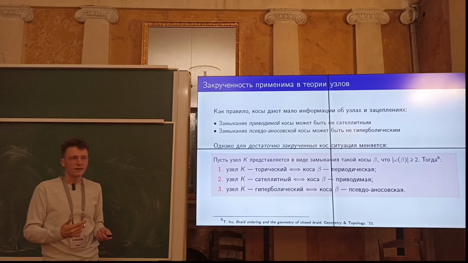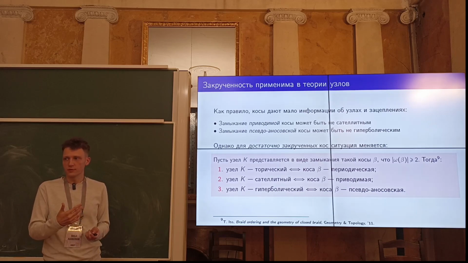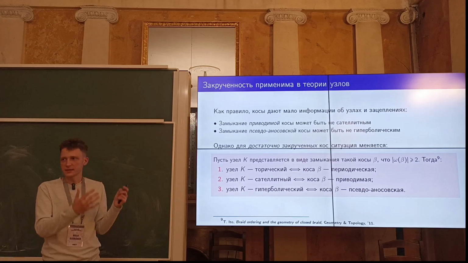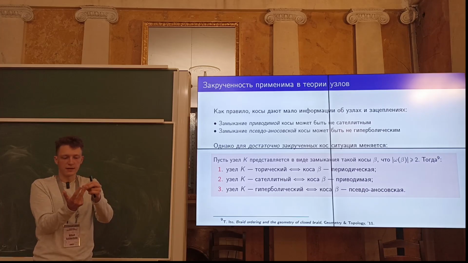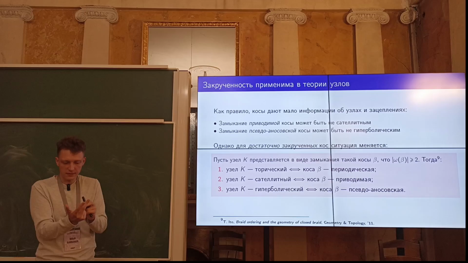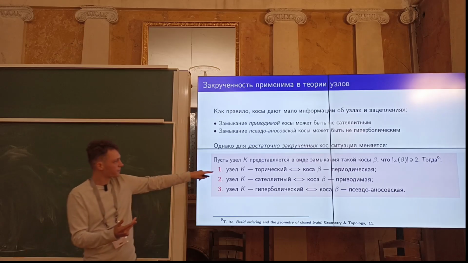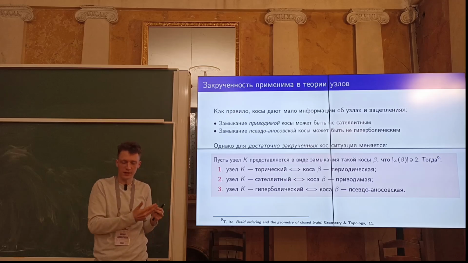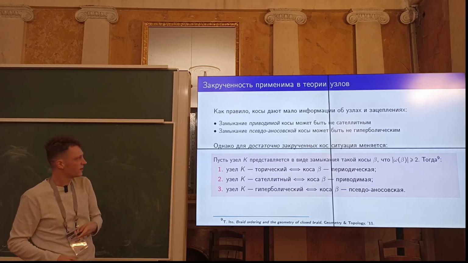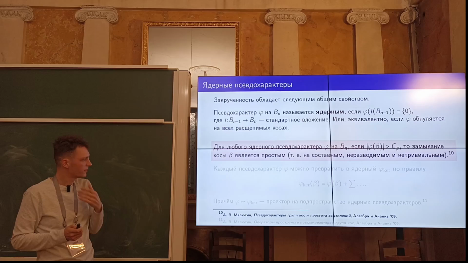And I claim that any pseudo-character on the braid groups can be used to provide similar bounds on complexity, sufficient conditions for the closure to be a prime link, and sufficient conditions for the correspondence between the dynamical type of a braid and the geometric type of the knot.